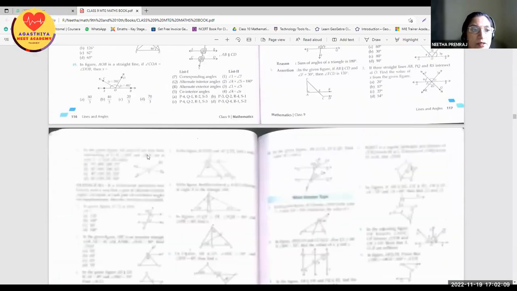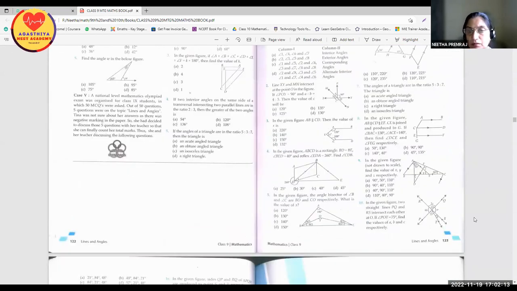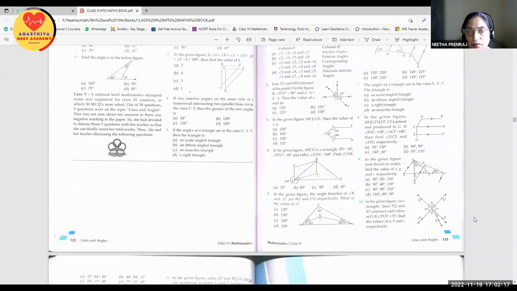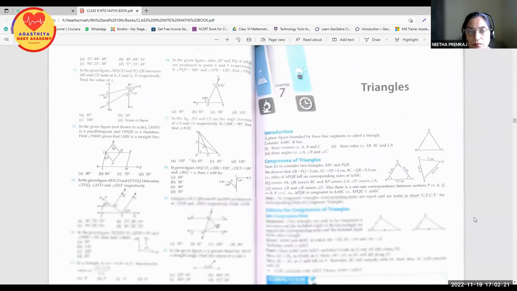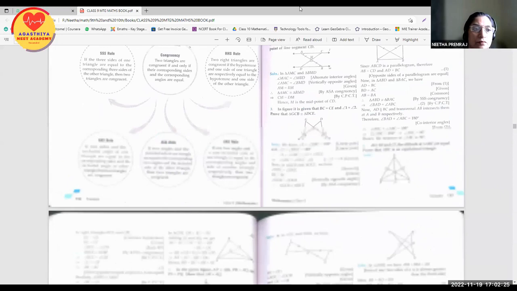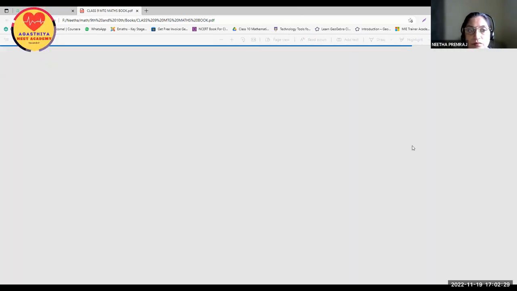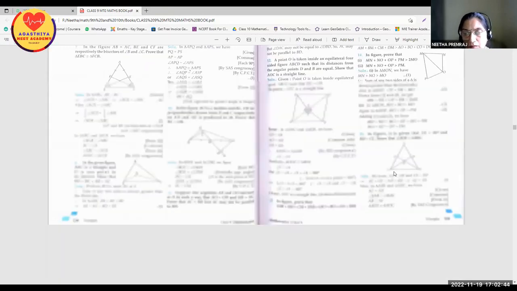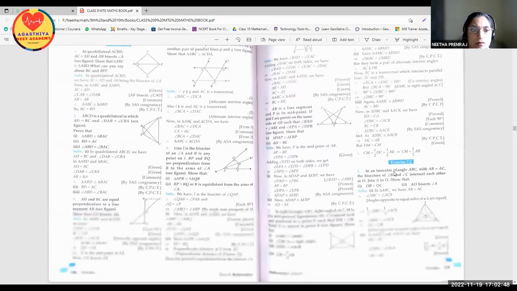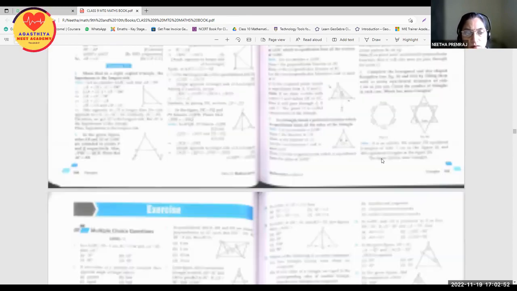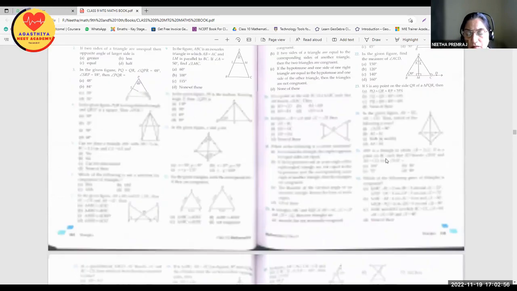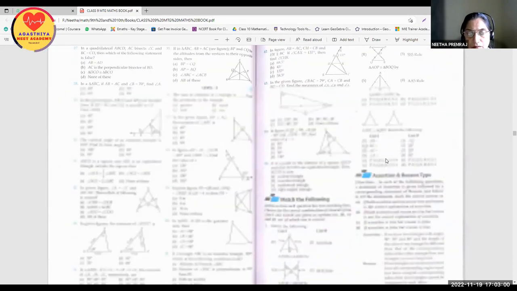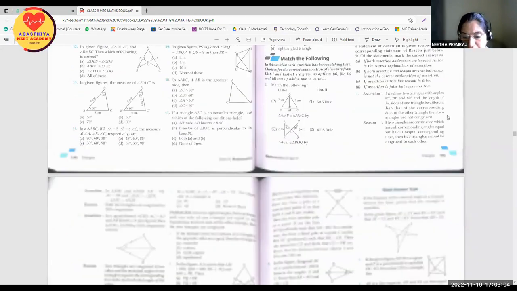Then only you will be very clear and confident of everything. Okay. Next. Page number 78.